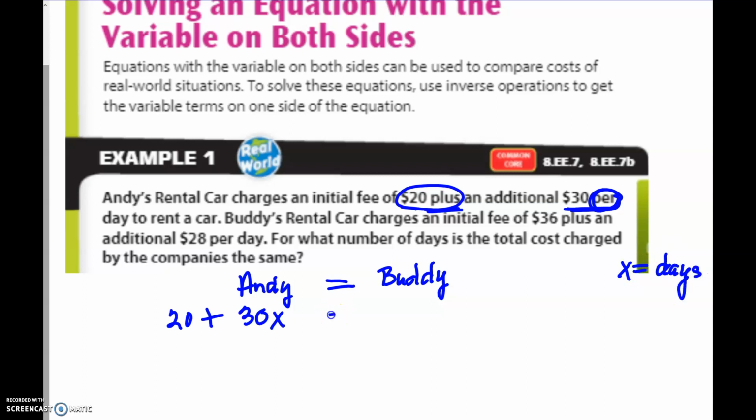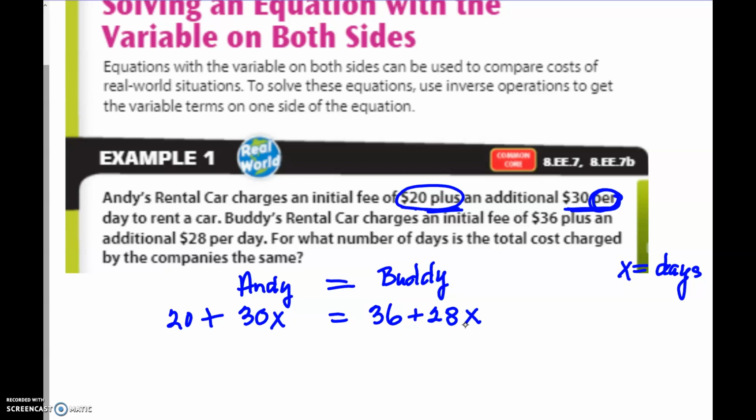Buddy's rental car charges $36, and then an additional $28 per day. So for what number of days is the total cost charged the same? You could just guess and check and put in a number like 5 and see if they come out the same, or 10, or we could just use our algebra and solve for X.